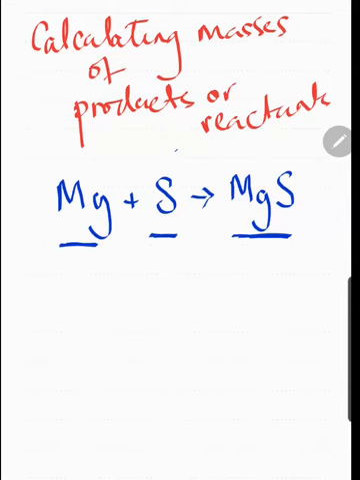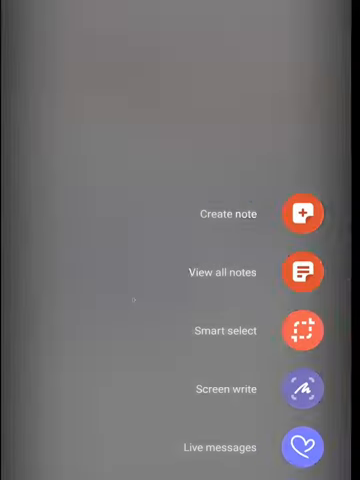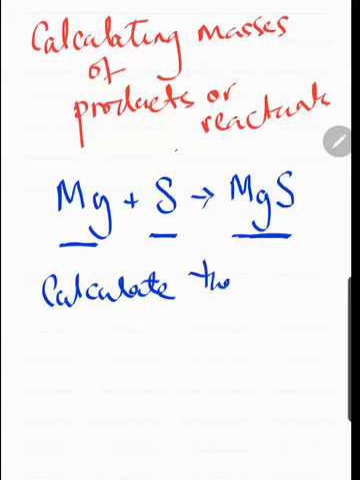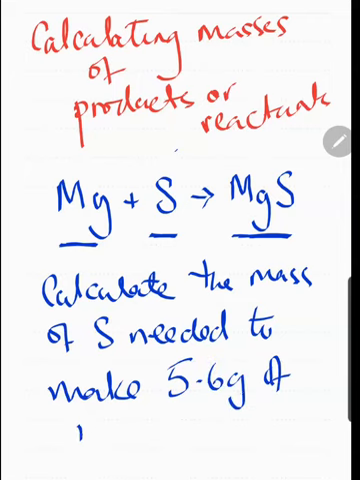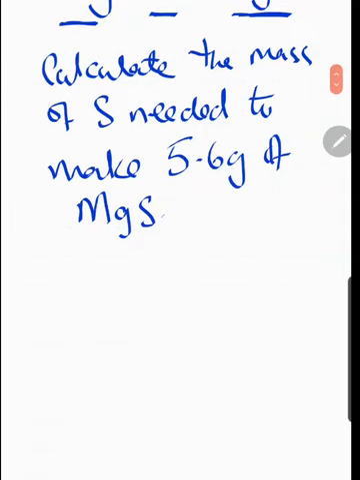So the example is this. Calculate the mass of sulfur needed to make 5.6 grams of magnesium sulfide. Please note, there is a law which is called conservation of mass.